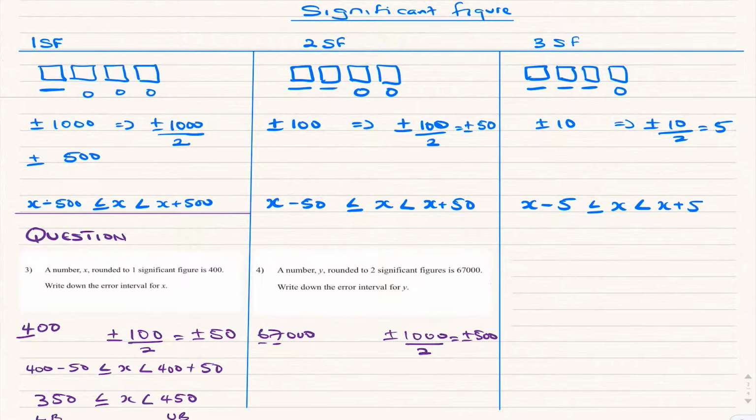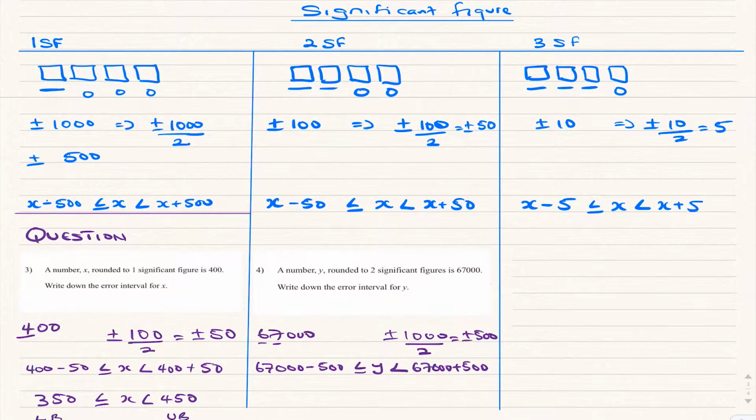Now the lower bound will be 67000 minus 500, and that's less or equal to y, which is less than 67000 plus 500, which is the upper bound.